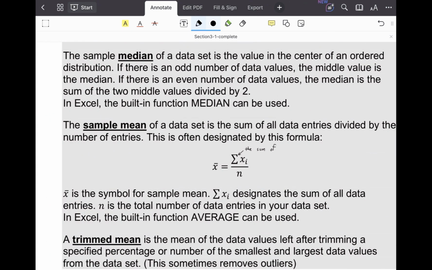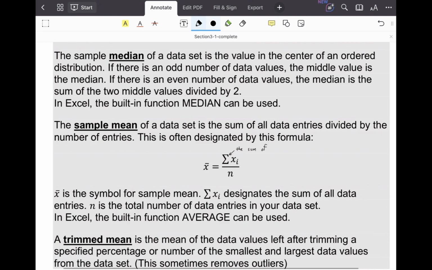And then x sub i, this whole thing, is each of the data points, and n is the total number of data points. In Excel, the function is called average. It's equals average, left parentheses, cell references, and then close the parentheses, press enter. That'll give you the sample mean.